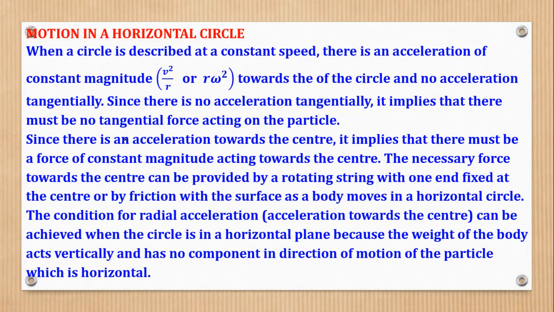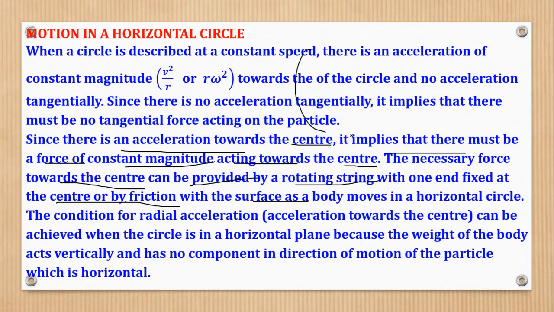Now, since there is an acceleration towards the center, there must be a force of constant magnitude acting towards the center. And I think you remember that force is called centripetal force. The necessary force towards the center can be provided by a rotating string with one end fixed at the center, or by friction with the surface as a body moves in a horizontal circle.